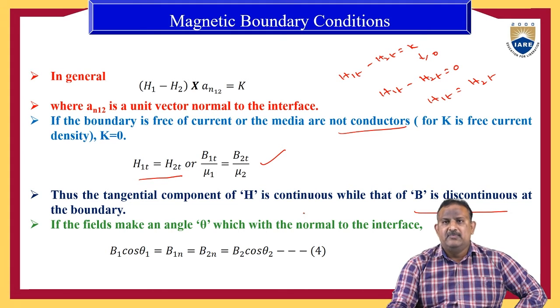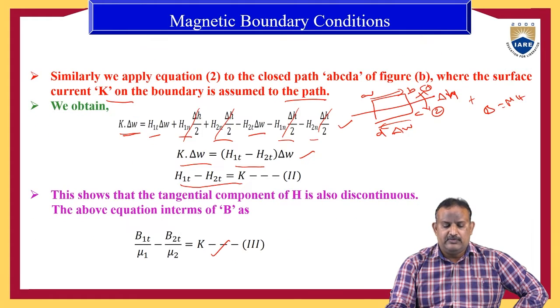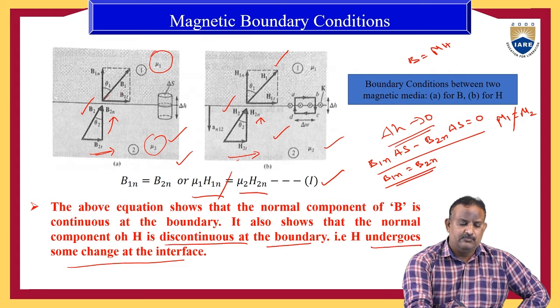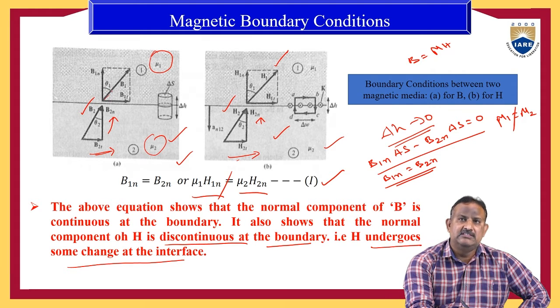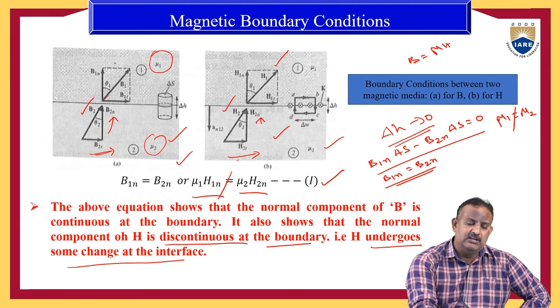Now we will find some relations by using that figure, and we will find Snell's law by using that relation. So here, to find that, we go back to the figure. From the figure, theta 1 and theta 2 are there. Here B1 is the hypotenuse, B1n is the adjacent side, and B1t is the opposite side.